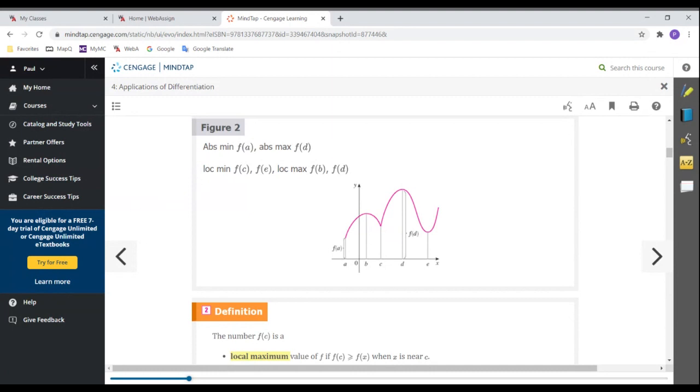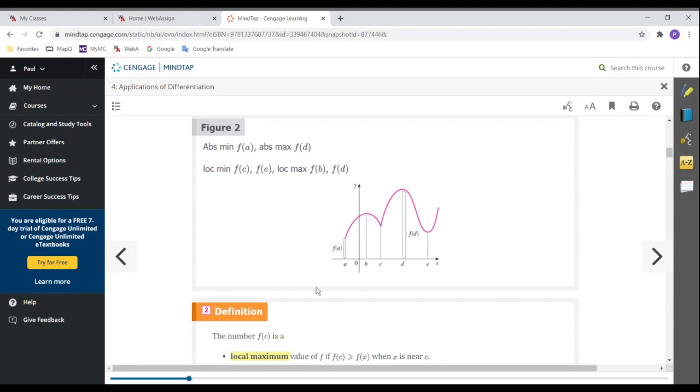The absolute minimum value of the function is f of a, because the function is lowest at x equals a. Now where's the function highest?